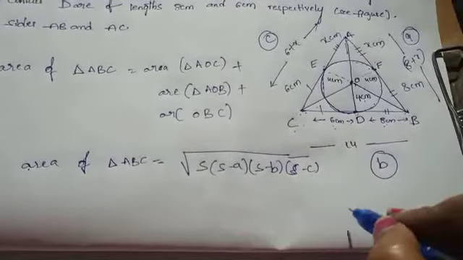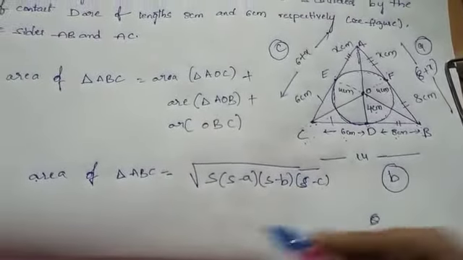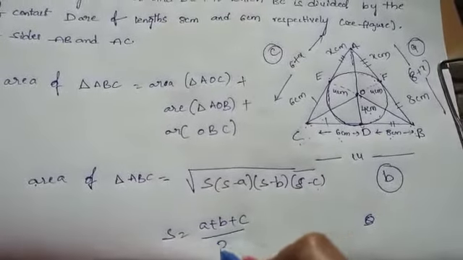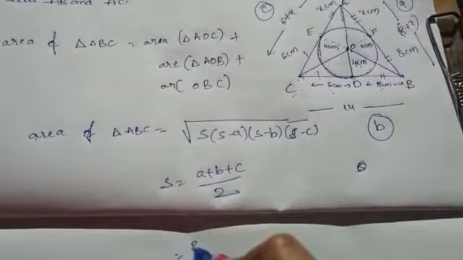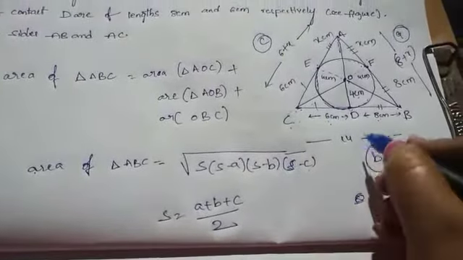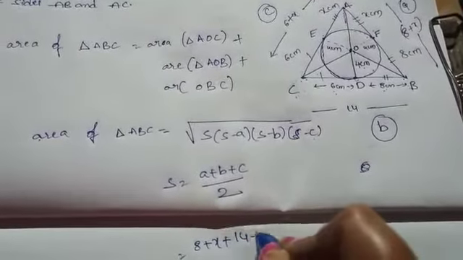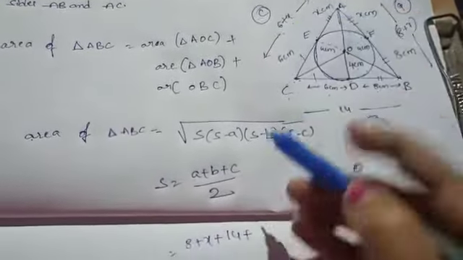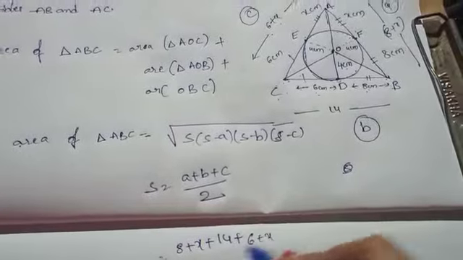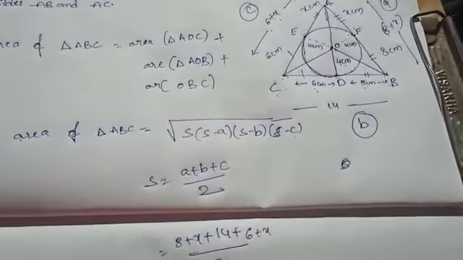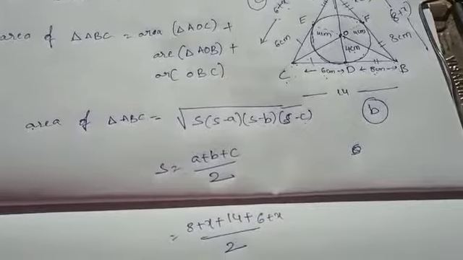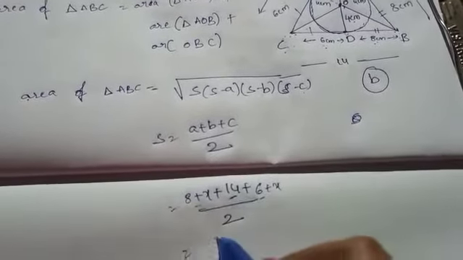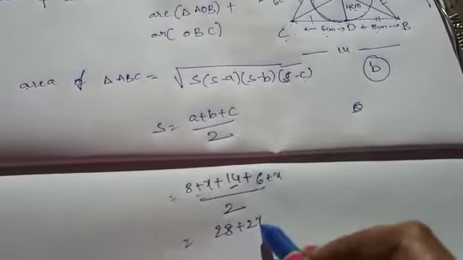S equal to (a plus b plus c) by 2. a equal to 8 plus x, b equal to 14 centimeters, c equal to 6 plus x centimeters, by 2. 8 plus 6 is 14, plus 14 is 28, plus x plus x, 2x, by 2.